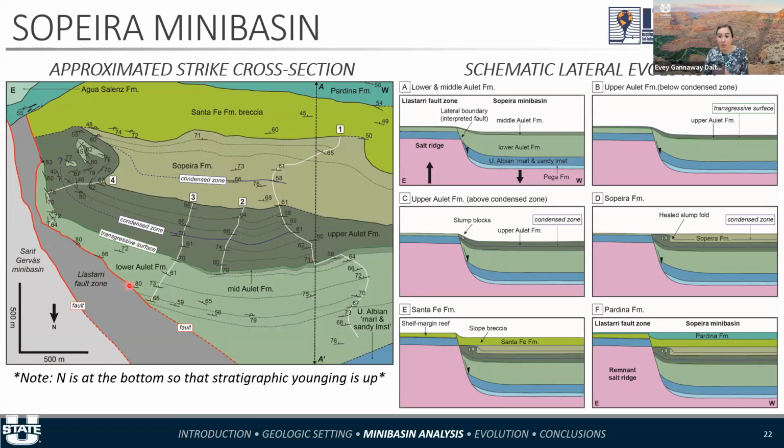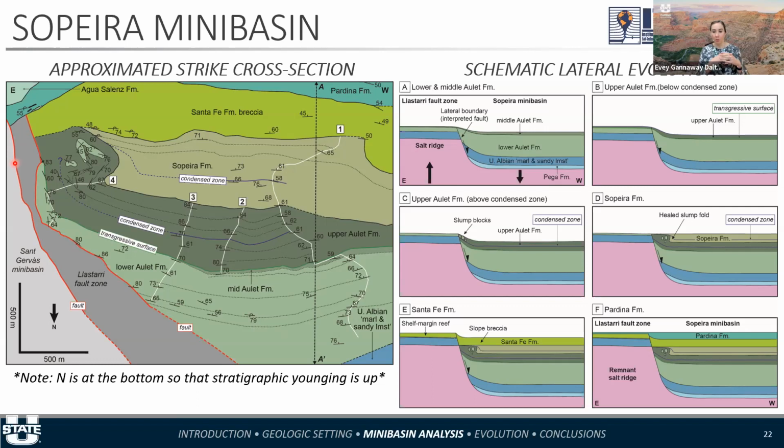And here we can be much more confident in our conclusions as we see lots of evidence for a topographic high along this eastern margin: the thinning and onlapping and shallowing of those lower and middle Aulet strata, the slump blocks and syndepositional folding in the upper Aulet. So previous work has interpreted this Yastari fault zone as representing basically an emergent diapir that was then subsequently welded.